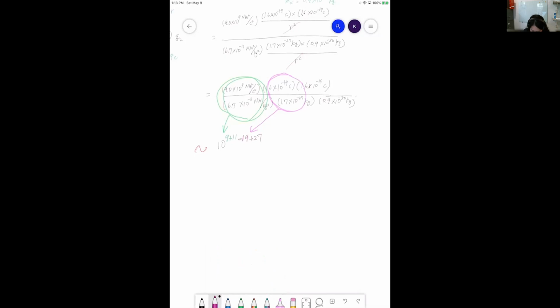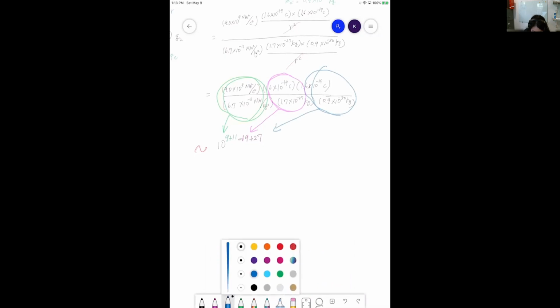And then let's compare these in blue. That's minus 19 again from the top here, right? Plus 30. So this is called order of magnitude. We can estimate the order.